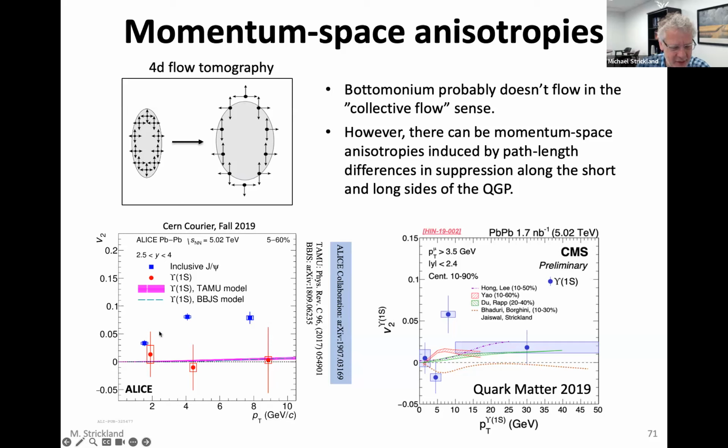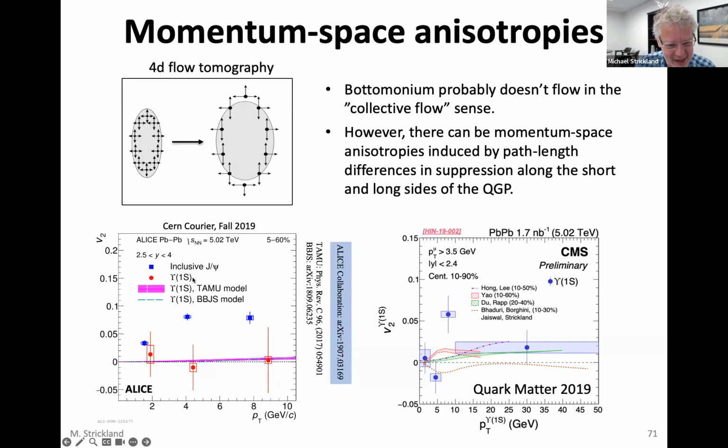The reason people are interested in v2 is because if you look at the J/psi and measure its v2, which is the differential production, how many more are produced along the short side of the overlap than going along the long side, you see that there's a sizable v2 for the J/psi at 5.02 TeV. What this implied to people is that the temperatures are now high enough that you're thermalizing the J/psi and they're flowing with the medium.